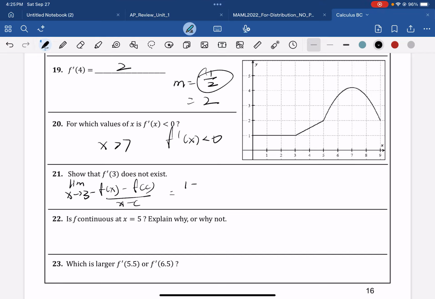We plug 3 into it, it still goes to 1, and then minus 1, over x minus c, which goes to 3 minus 3. So for this one, we got 0. And then we do the right hand side.